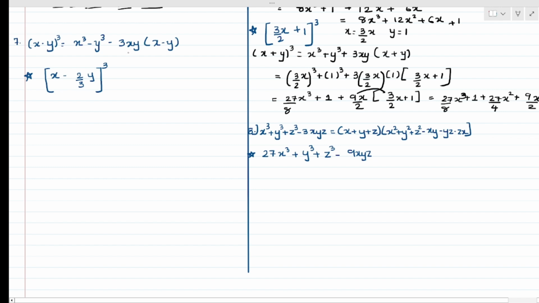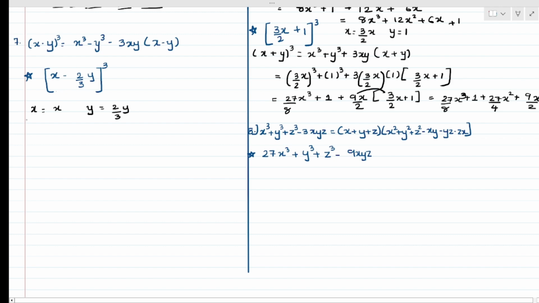The thing you will see over here is that as my minus sign is there, the whole term over here also uses minus only. Okay. So let's solve this equation. So for my x it will become x and for my y, my y is 2 by 3 times y.